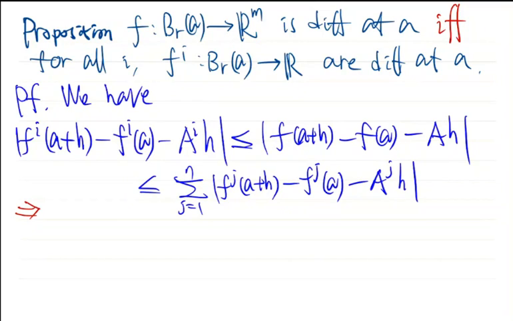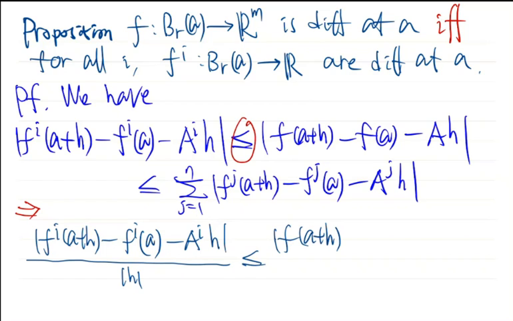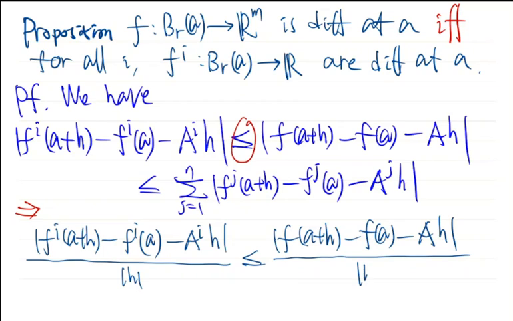And we have the following: |f_i(a+h) - f_i(a) - a_i h| divided by the norm of h. By the first inequality here, this is not greater than |f(a+h) - f(a) - Ah| divided by the norm of h.